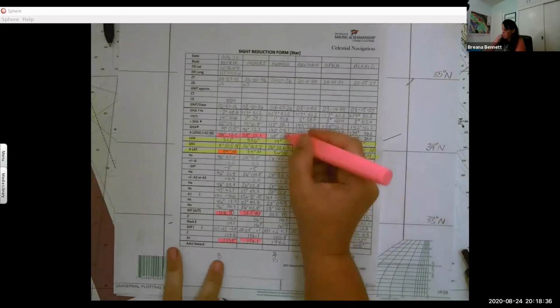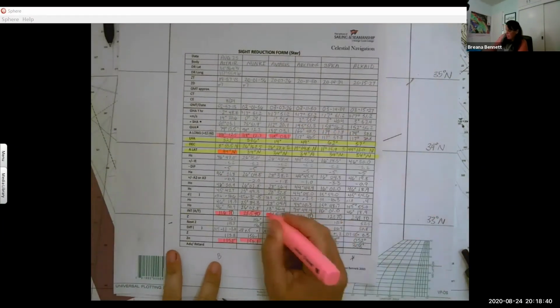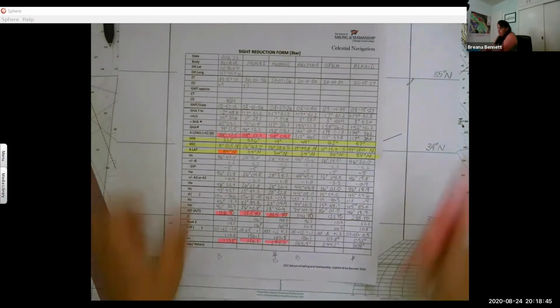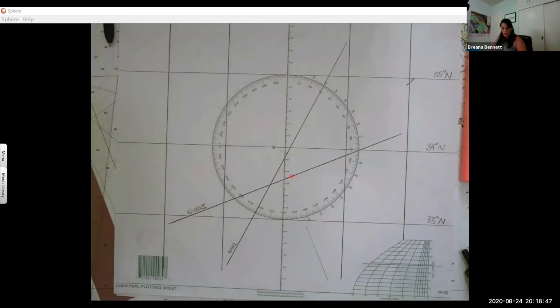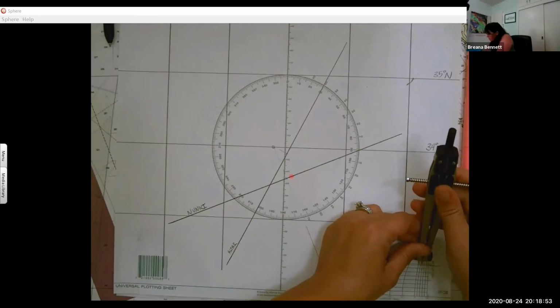Assume longitude 118.03, and then we have a 31 and a 194. Okay, so trying to get 3 on this is going to be about 3.